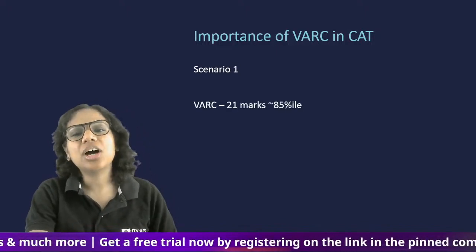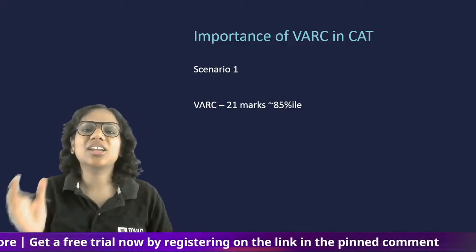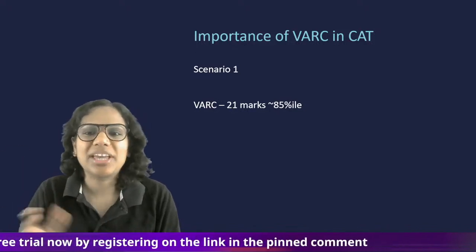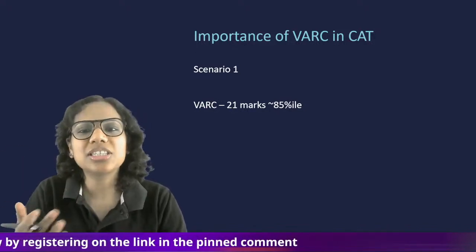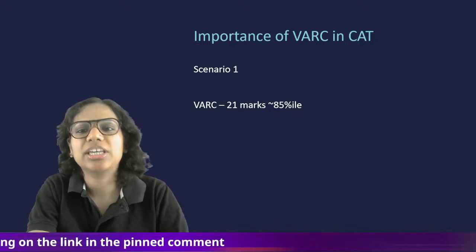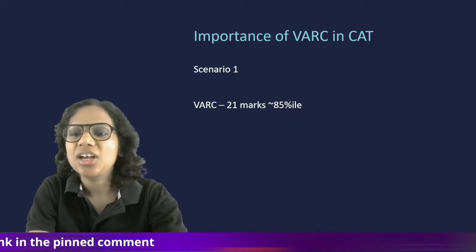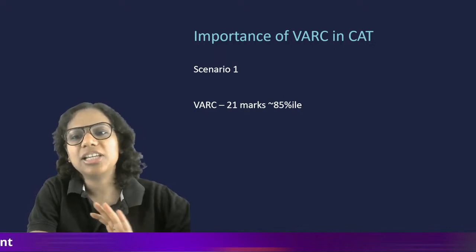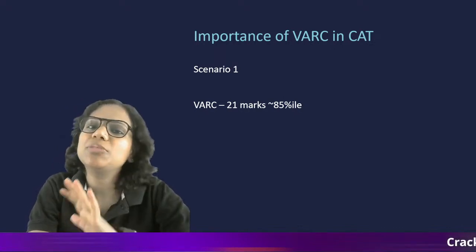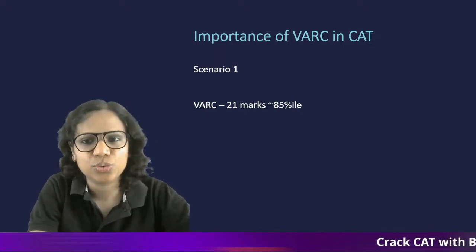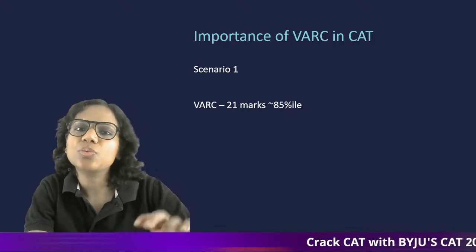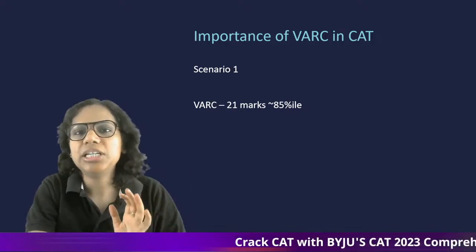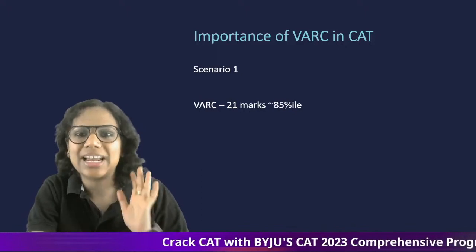Let's take a scenario by scenario example of the importance that VARC can hold for you in your CAT exam. Let's assume that you're getting 21 marks out of 72 in VARC. This will fetch you approximately 85 percentile in CAT.